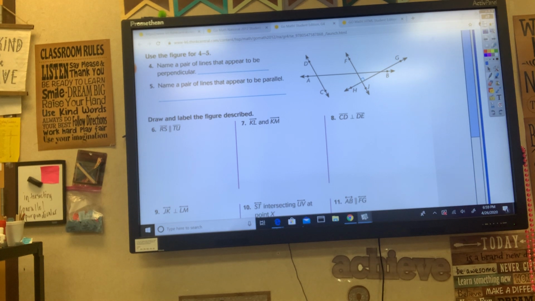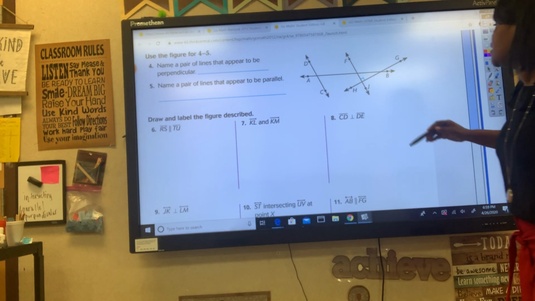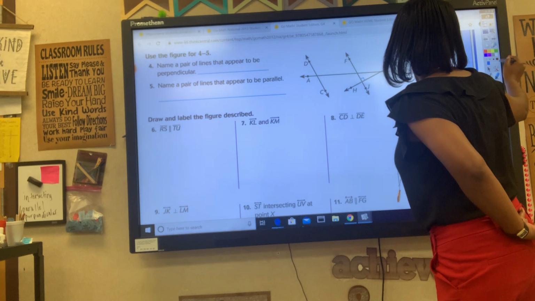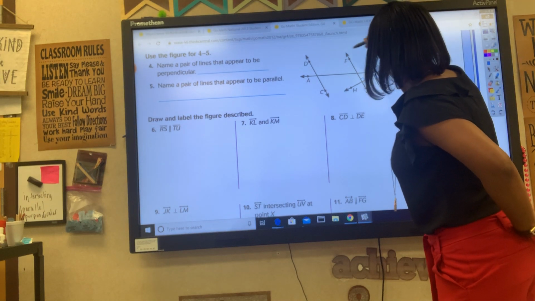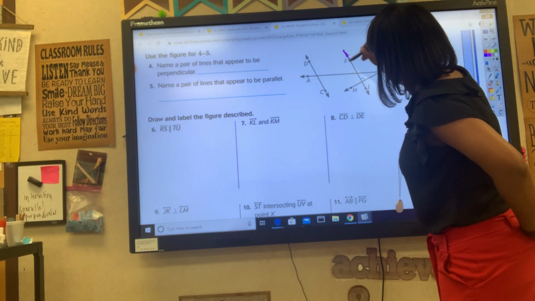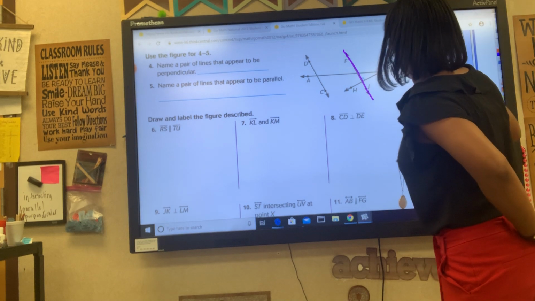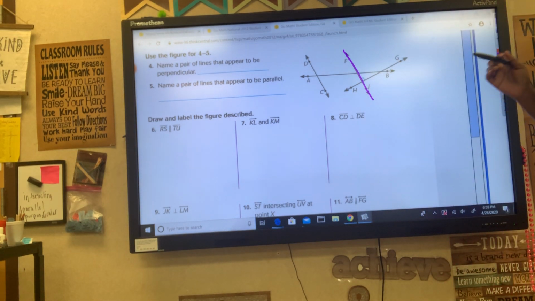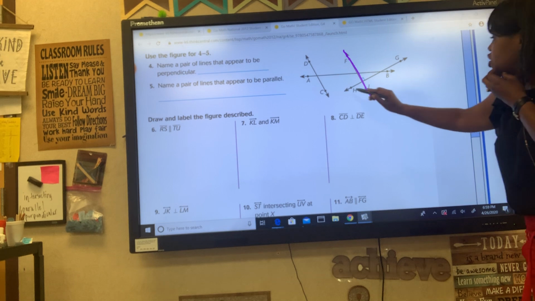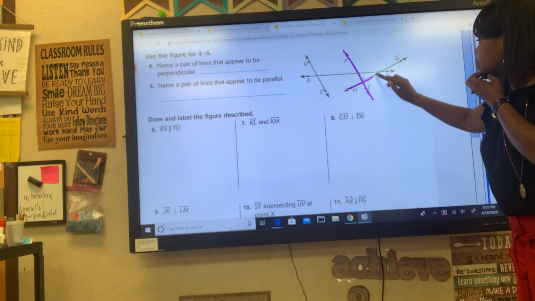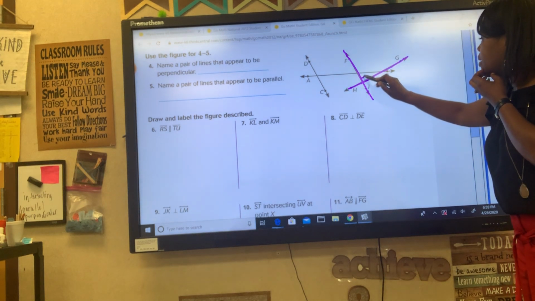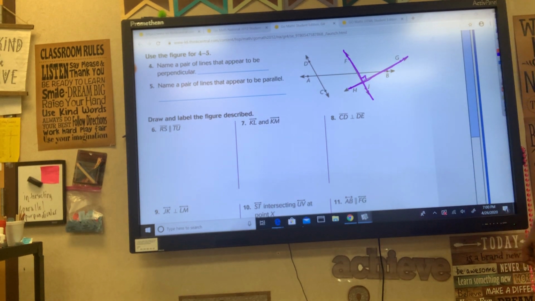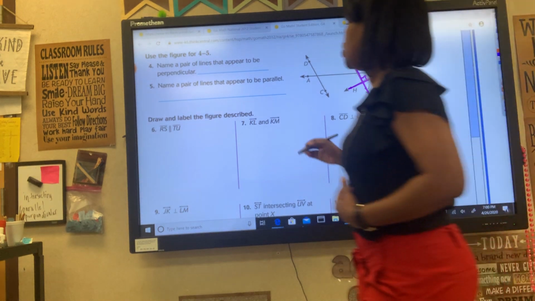Well, if I look at line FJ, and I take a look at line HG, here's my square. So those are the lines that are perpendicular. So I'm going to write line FJ and line HG.